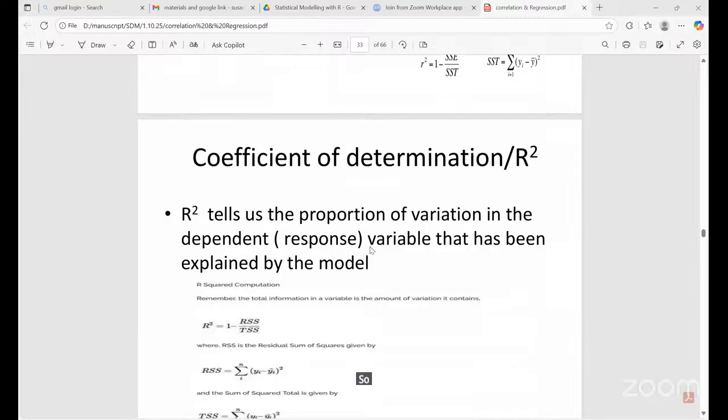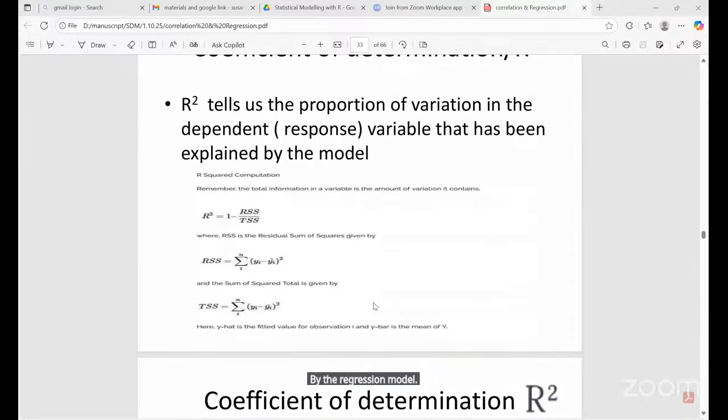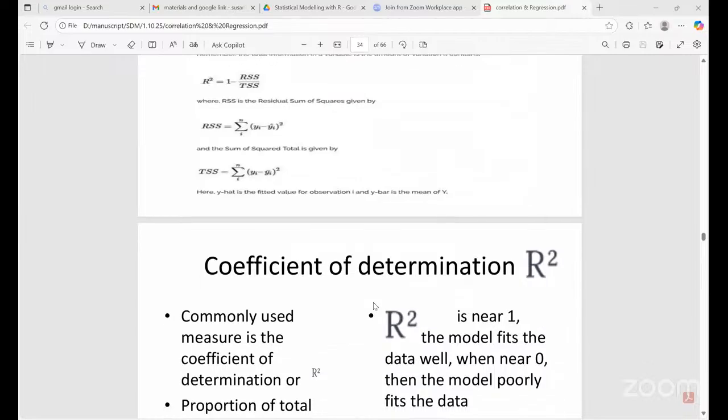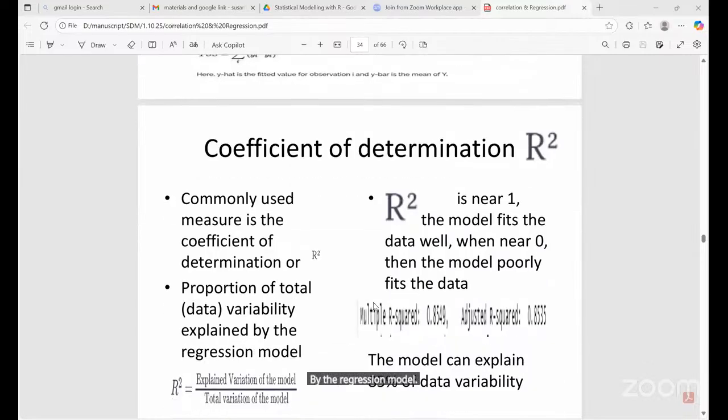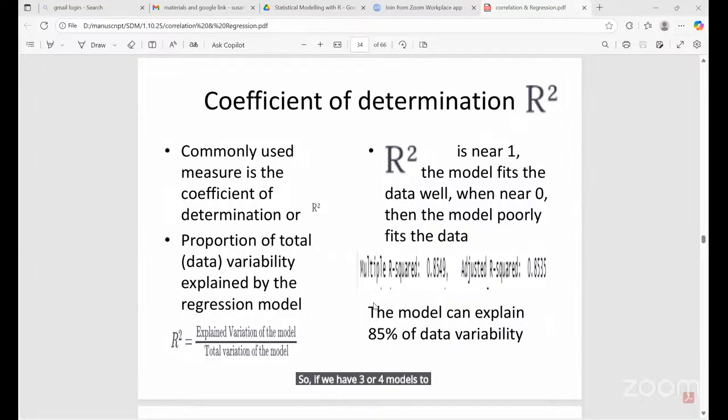So R squared is the coefficient of determination. It tells us the proportion of variation in the response variable that has been explained by the regression model. So if we have 3 or 4 models to compare, we can look at the R squared, and the model with the highest R squared gives us a better fit to the data.